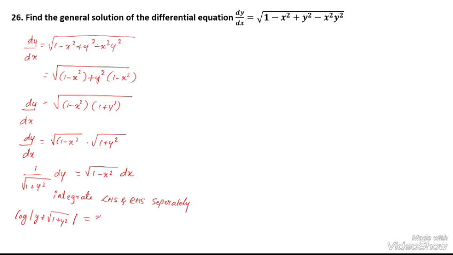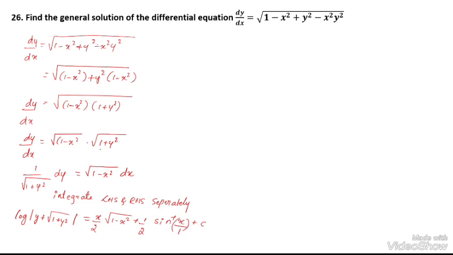It becomes x by 2 root of 1 minus x square plus 1 by 2 sin inverse of x by 1 plus c. These are the two integration formulas. Now this is the solution.